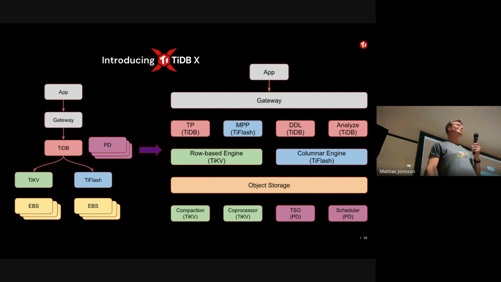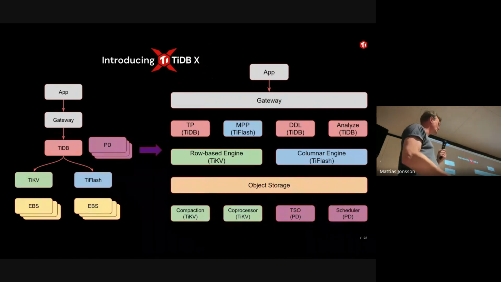So the whole system is more flexible, easier to scale both in and out, and also much more efficient. We've seen quite a lot of cost savings for our customers when they're running this.